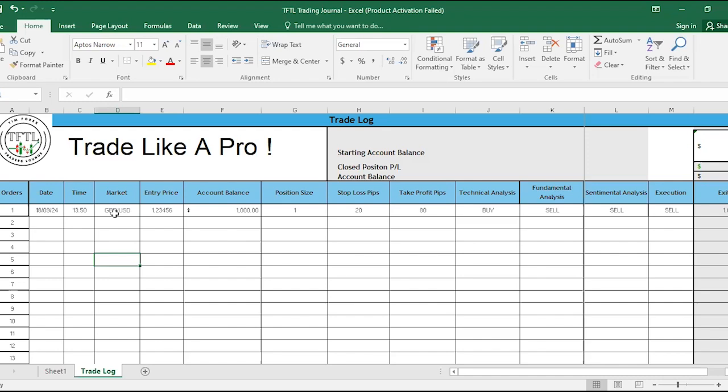You realize that by logging all your trades, this will keep you accountable. So it will force you to follow a trading plan, adhere to risk management rules, and avoid impulsive decisions, which might lead to more consistent and disciplined trading. So remember, the trading journal is part of the bigger trading plan.